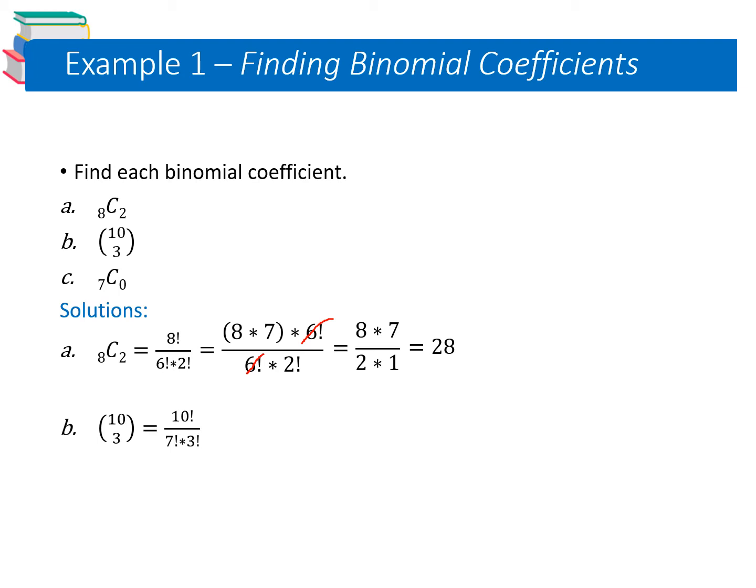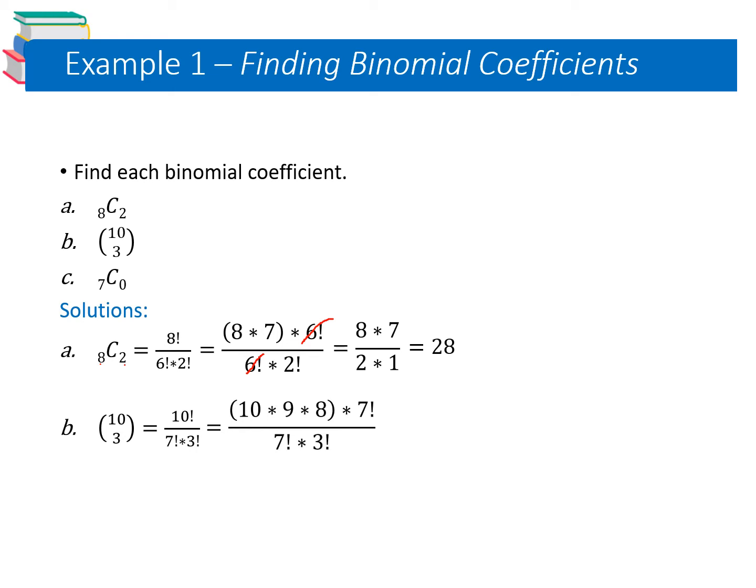Next, 10C3. Okay? So, that is 10 factorial over 7 factorial times 3 factorial, because the formula is n factorial over n minus r factorial times r factorial. So, this is n, this is r. 8 minus 2 is equal to 6, and 10 minus 3 is equal to 7 factorial times 3 factorial.